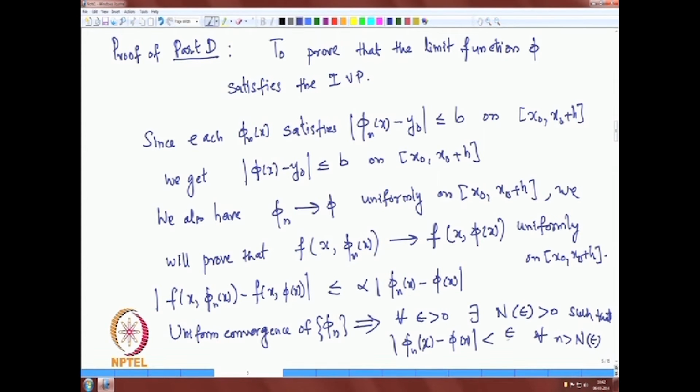You can take this epsilon by alpha also, just to get epsilon at the end.